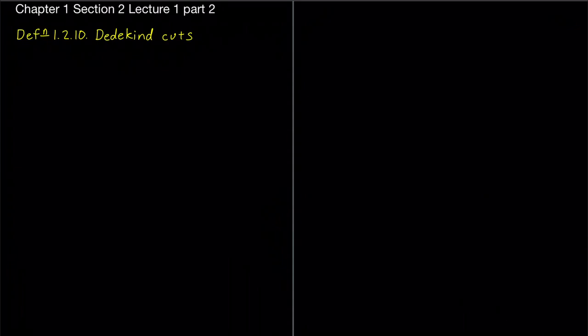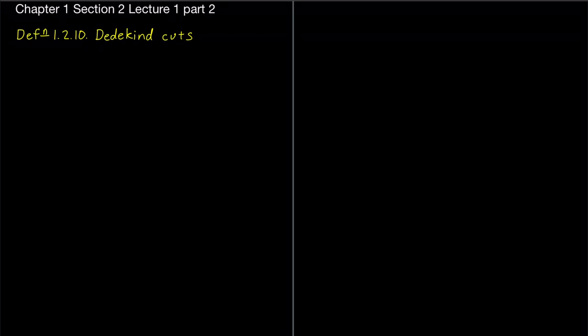In this video, we're going to define something called Dedekind cuts, and this is how we rigorously construct the real numbers. This is going to be a sort of complicated definition, but as it turns out, it's the simplest thing that we can build up from smaller, easier to understand pieces, and that has all the properties we want a real number to have.